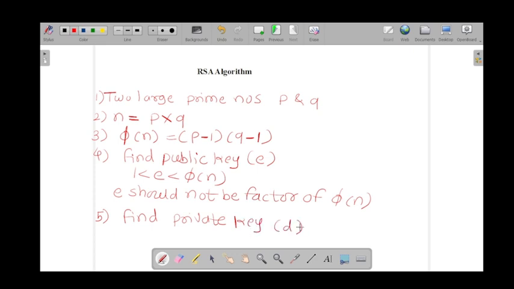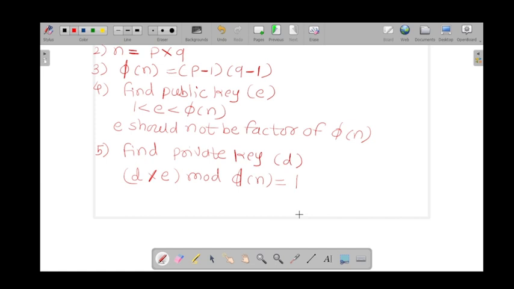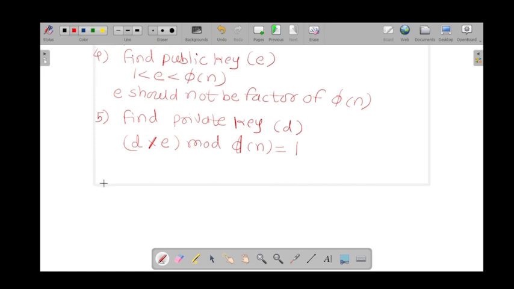So our private key D is such that D into E mod phi of n is equal to 1. Now these are the 5 steps that we follow to identify the values of D and E.